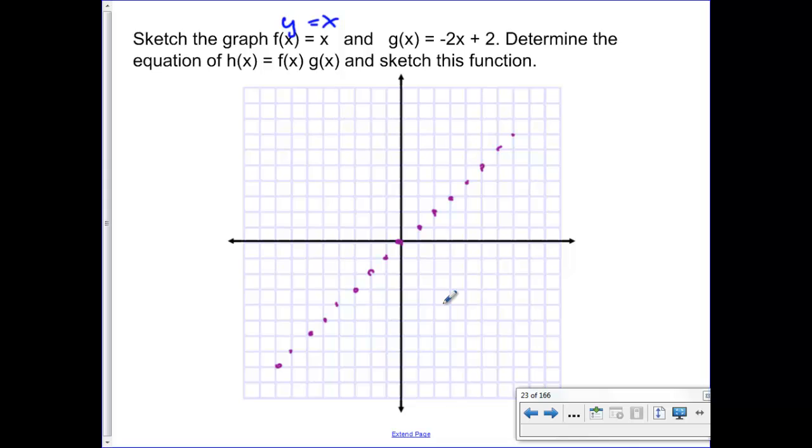That's what I meant. Okay, you're okay with this first graph? Negative 2x plus 2, and it has a slope of negative 2.